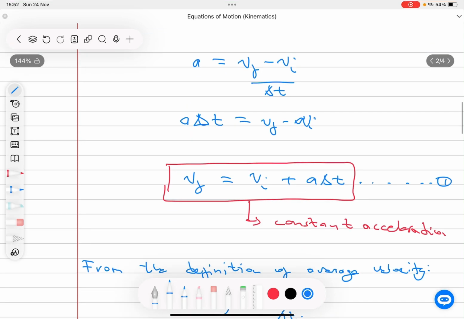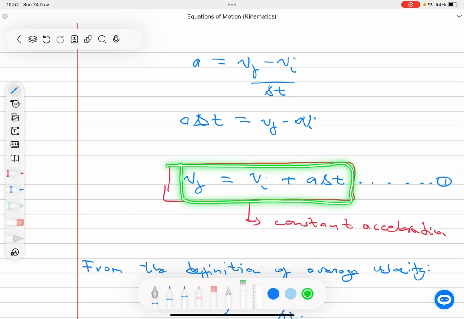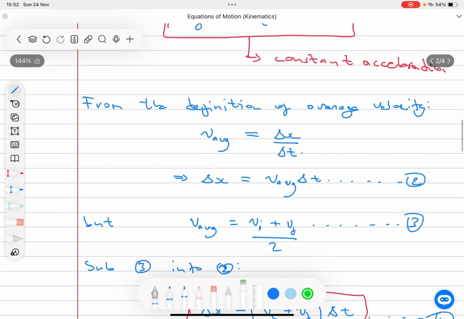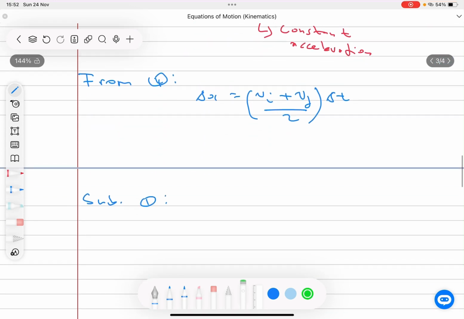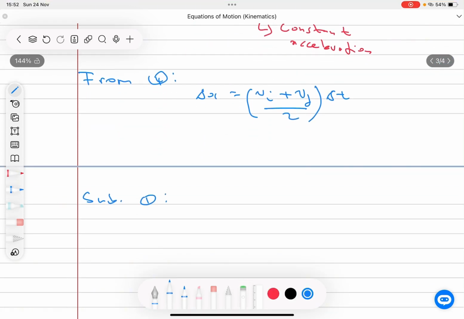Now let's go back to equation 1 just to remind ourselves how it looks. Equation 1 is given by Vf is equal to Vi plus A times change in t. So where we see the V final, we can replace it by Vi plus A times change in t. Alright, now let's do that.